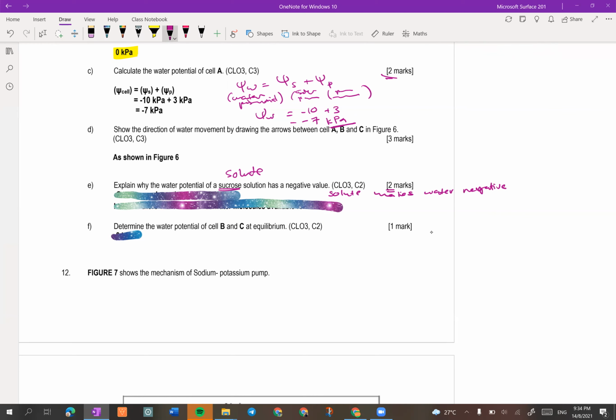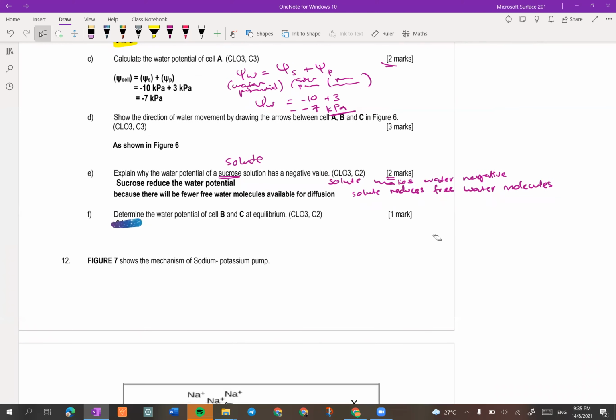And then what else you should say is that solute reduces free water molecules. Not yet, just a little more. So let's look at the answer. Sucrose reduces water potential because there will be fewer free water molecules available for diffusion. So this is the true answer.